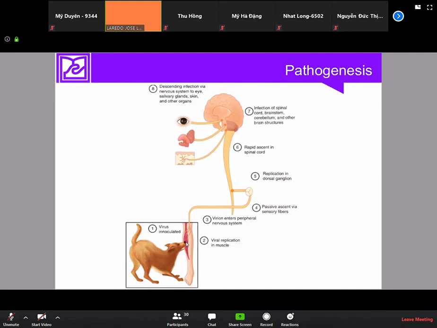So the virus in the beginning moves to the brain, and later the virus moves in the opposite direction, following somatic and autonomic nerves. This is the pathogenesis of rabies.